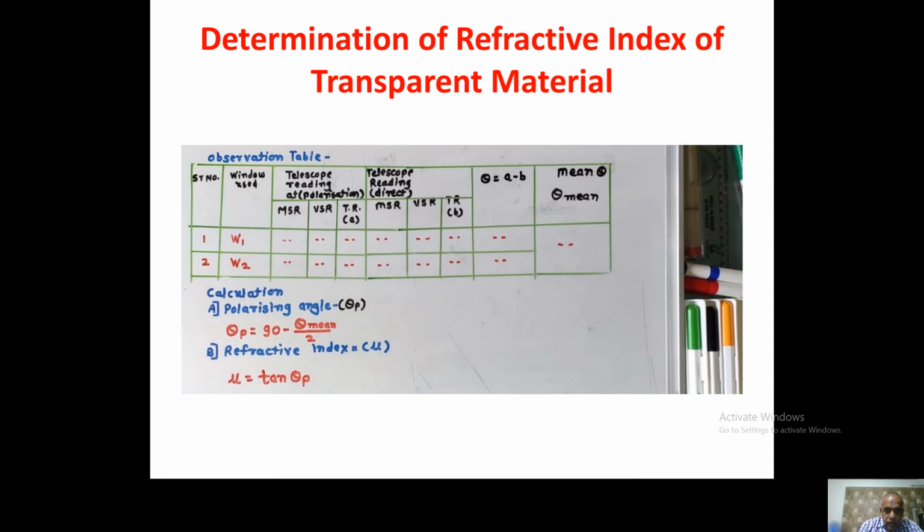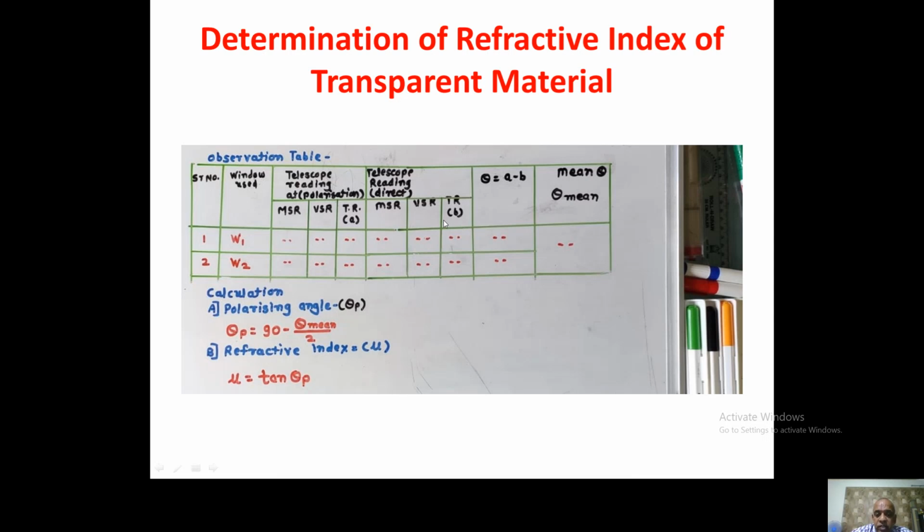And this is our observation table for the polarization. This is window 1: main scale reading, vernier scale reading, total reading. For window 2: main scale reading, vernier scale reading, and total reading. Then how to find out the polarizing angle, that is theta p? We are measuring here the angle theta at the position of polarization, not the polarizing angle directly.